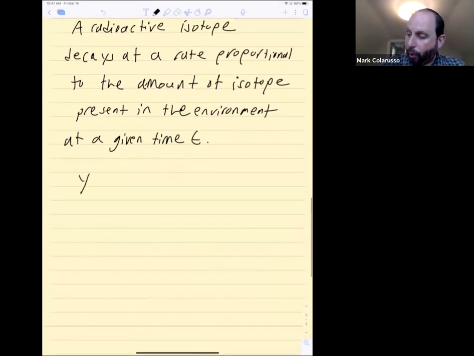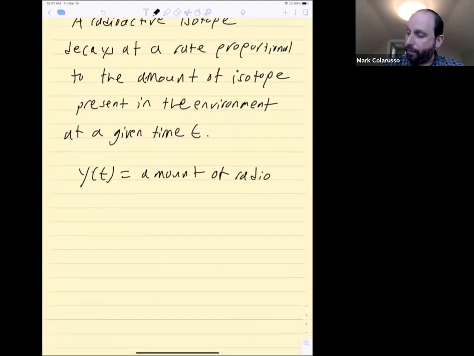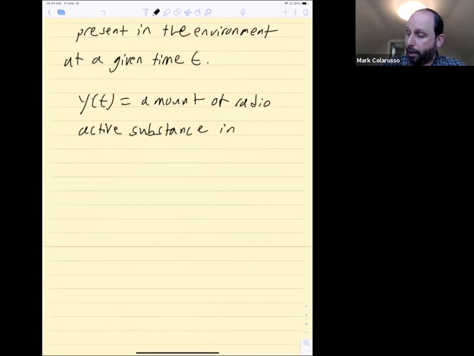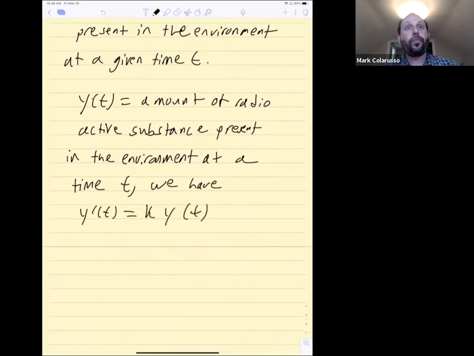So again, if y of t is the amount of radioactive substance present in the environment at time t, we have y prime of t is again proportional, so it's a multiple of the amount of the isotope present.